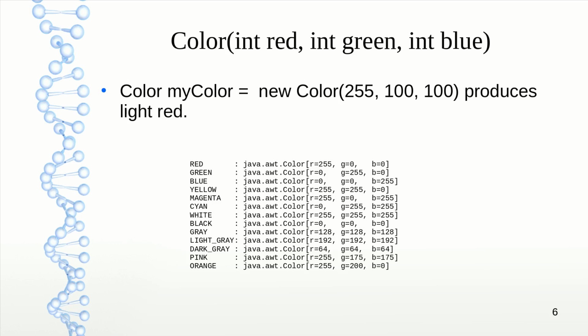For example, in this example we have used 255 for red, 100 for green and 100 for blue, and this combination in fact produces a light red color. In this table you can see a number of colors with their combination values of red, green and blue.